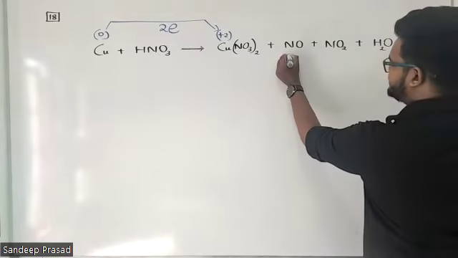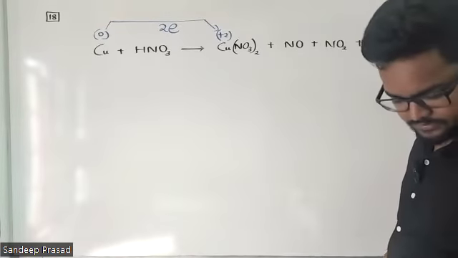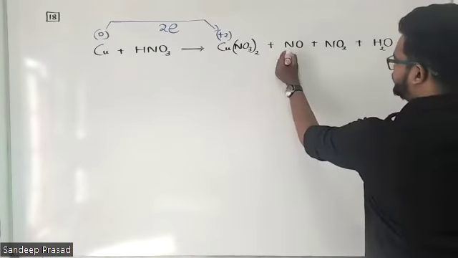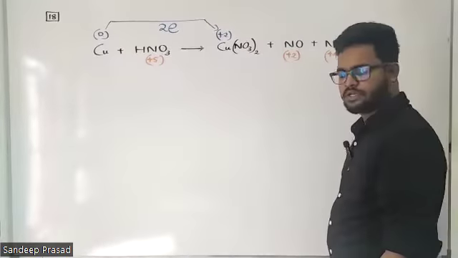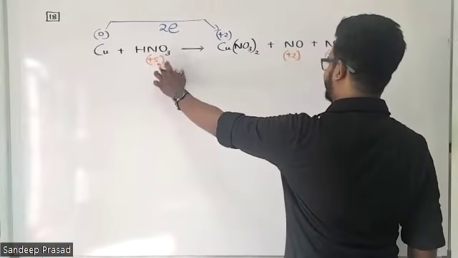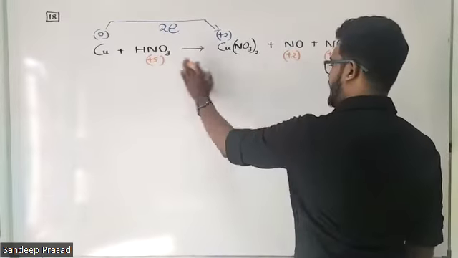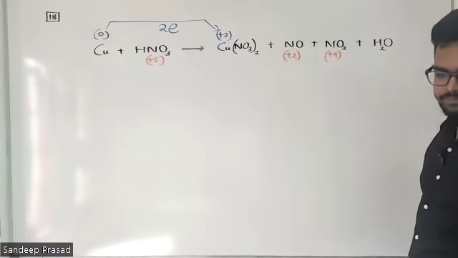In NO, nitrogen's oxidation number is plus 2, and in NO2 nitrogen's oxidation number is plus 4. And here nitrogen's oxidation number is plus 5. So this plus 5 oxidation state is reducing into plus 2 as well as plus 4 in another compound.